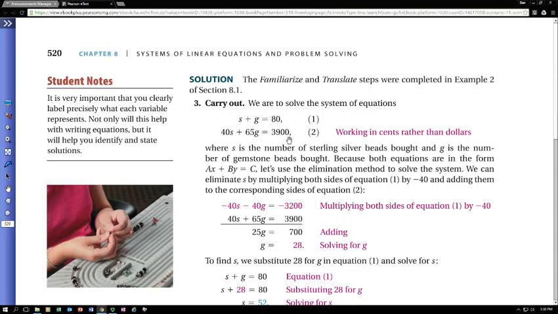And that's what they do. They manipulate the first equation, equation 1, S plus G equals 80, and they say, if we took negative 40 times both sides of that, I would create a situation where I have an additive inverse for this 40 that's in the other equation, equation 2.